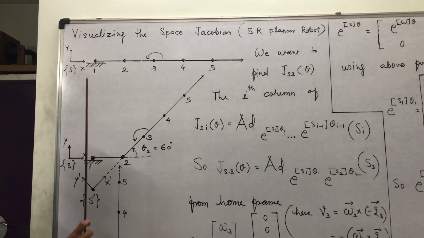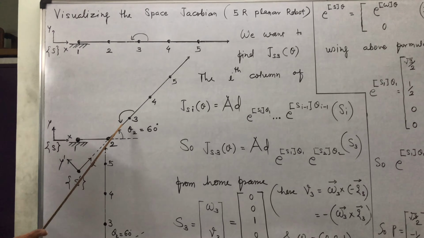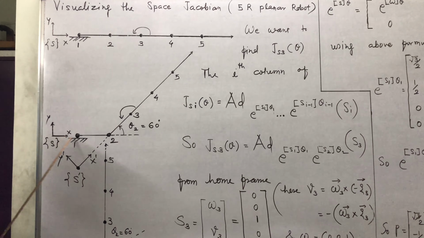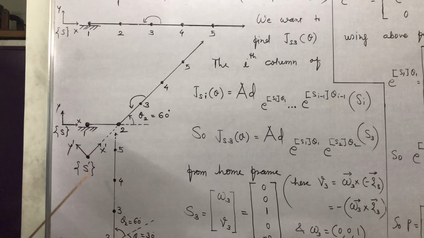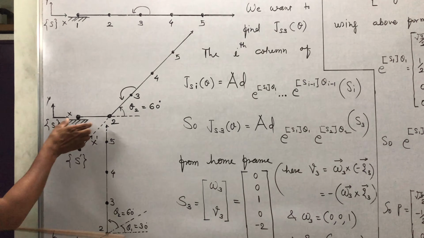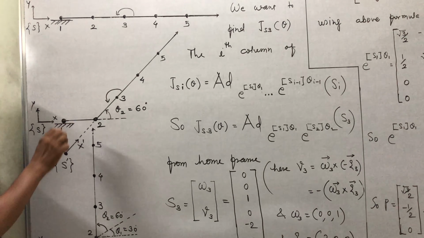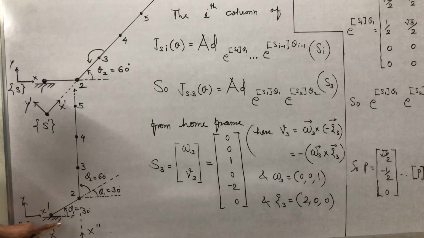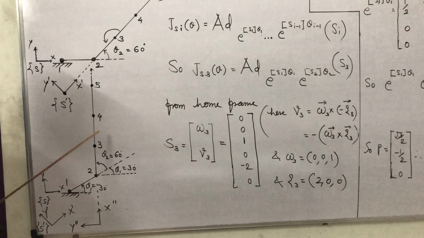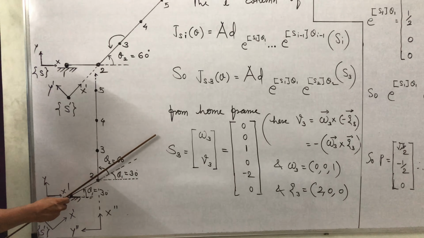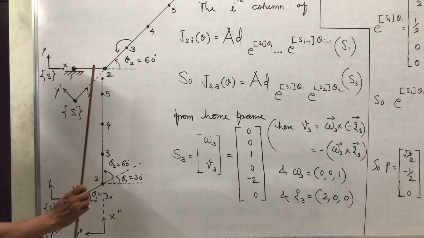So this pose, and then this is the S dash frame, this is the S frame. Then we have rotated theta 1, which is 30 degrees, keeping all joints the same.